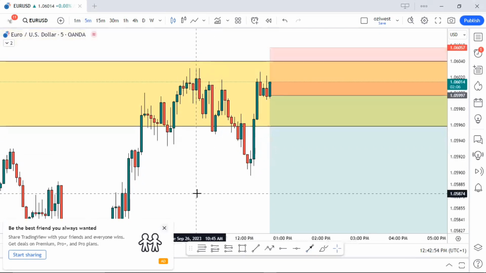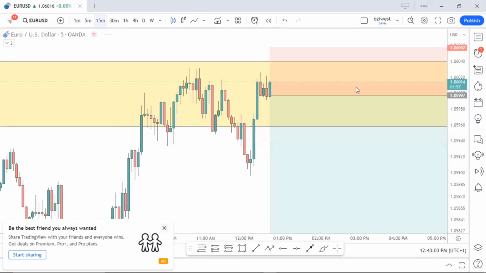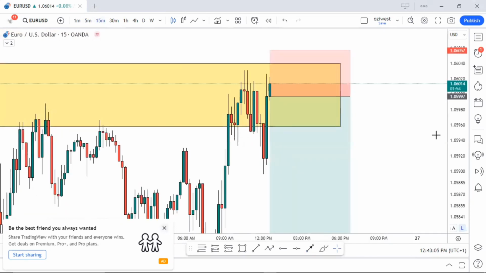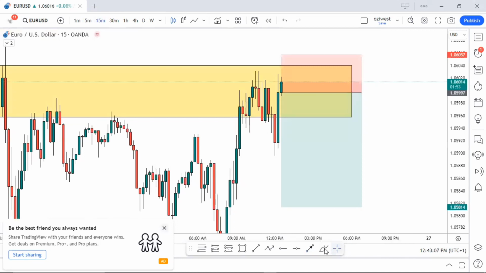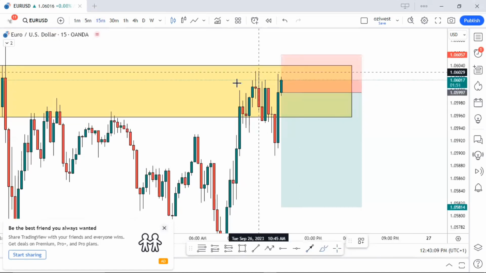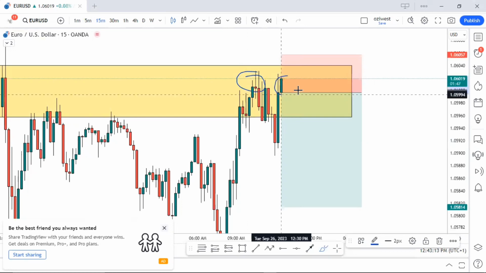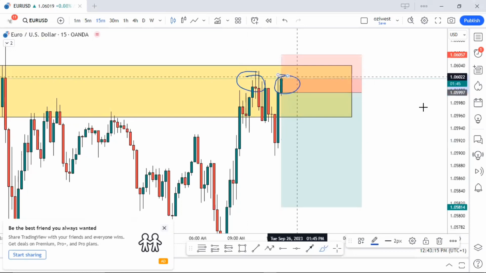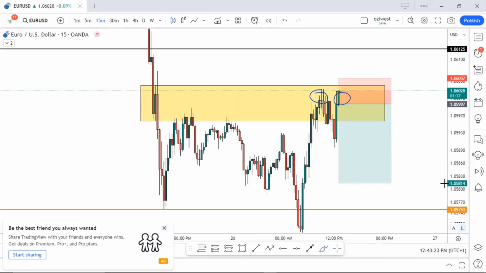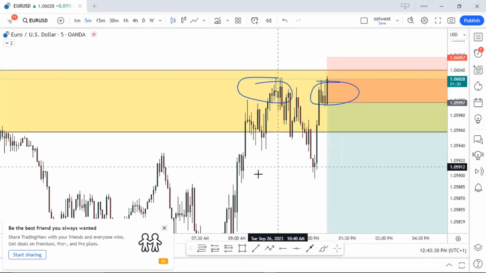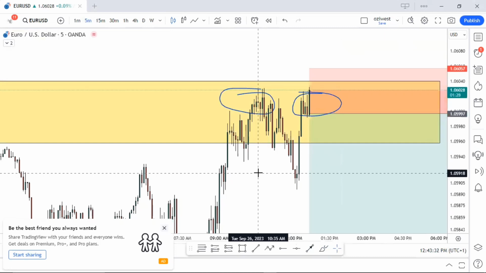Currently in drawdown. Let's see how it plays out. The price has given a double top. Insane drawdown.